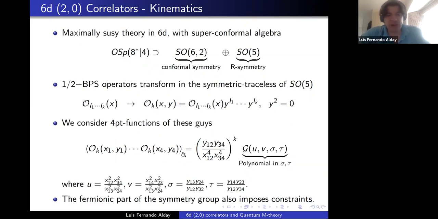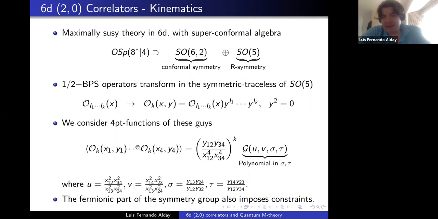In this simple case, it turns out that you can extract a common prefactor and write the full 4-point correlator as a function of the cross ratios U, V, sigma, and tau. U and V are the usual cross ratios of a conformal field theory, made out of the points x1, x2, x3, x4, and sigma and tau are very much the same, but made out of the null vectors that I introduced here.